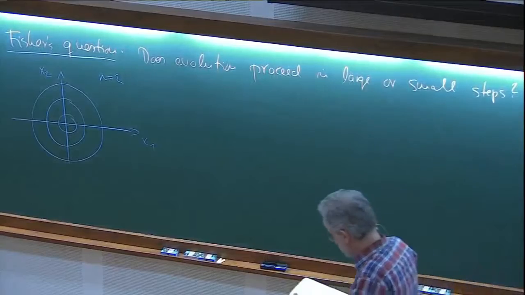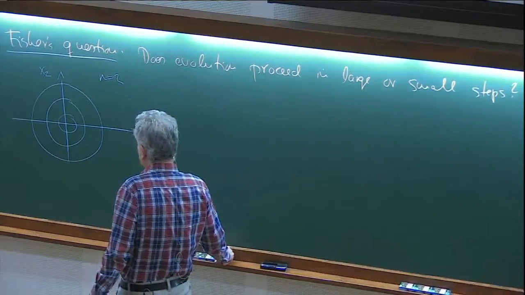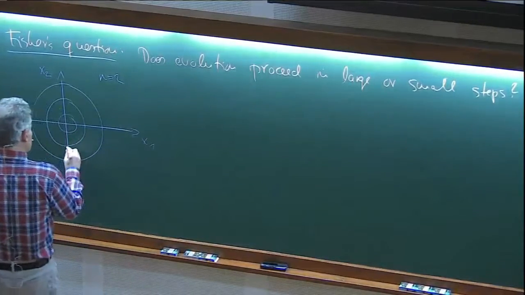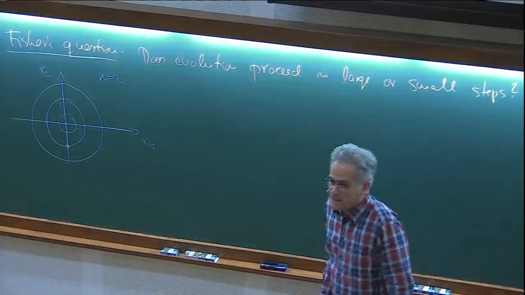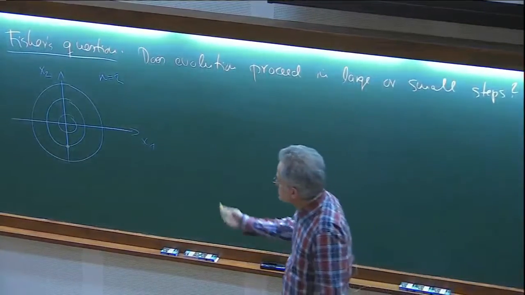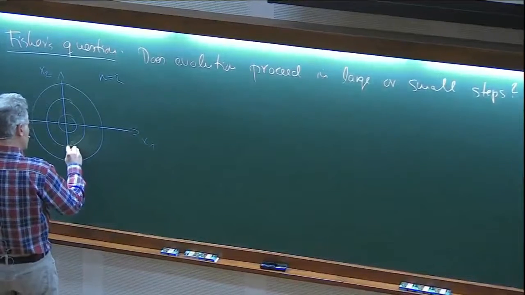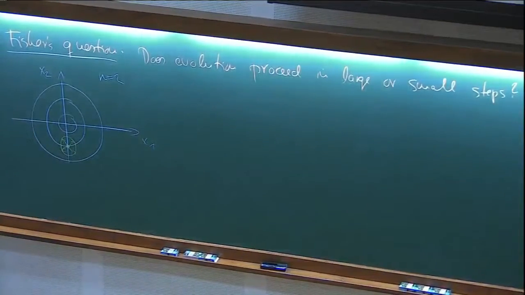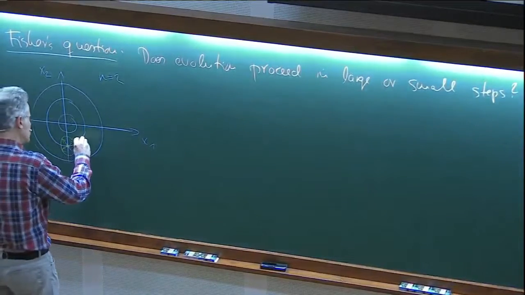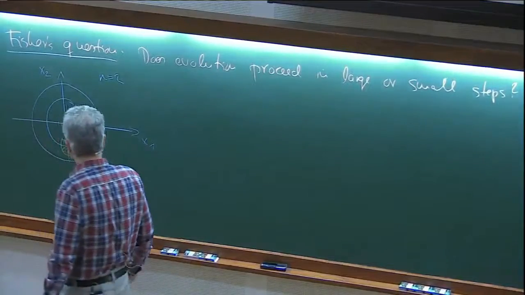So Fisher's picture was the following. Suppose there's some degree of maladaptation. My organism is initially sitting here, so this is my initial phenotype. Now I look at the mutations, which are random displacements, and they will cover some circle. As I said, Fisher assumed that they all have the same size, so this is a circle of diameter 2r.